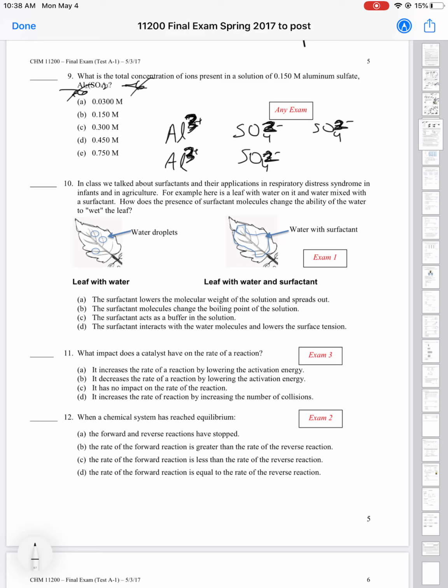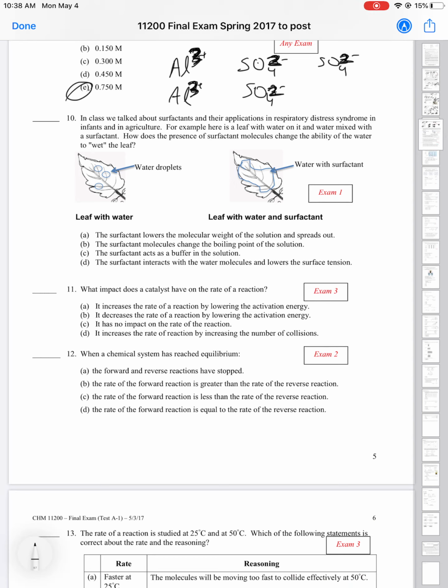You'll get 0. So basically, we have 1, 2, 3, 4, 5 ions for every 1 molar of aluminum sulfate, but we only have 0.15 molar, so we'll do 0.15 times 5, and that is equal to 0.75, I believe.